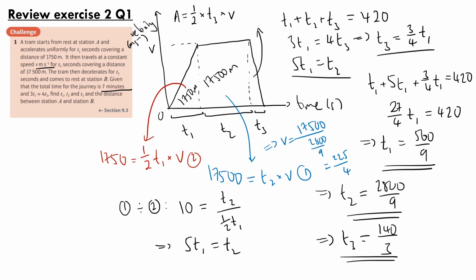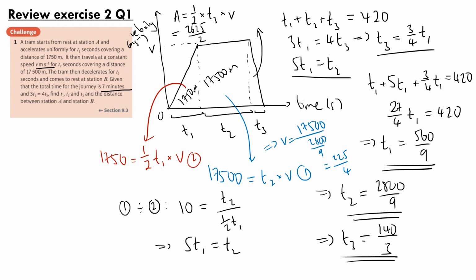Okay, and subbing in our values of t3 and v into the area over here, so that's a half times 225 over 4 times our t3, and that is 140 over 3. That gives us 2,625 over 2.